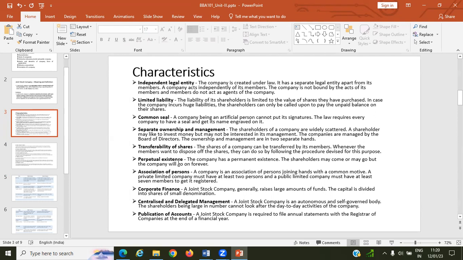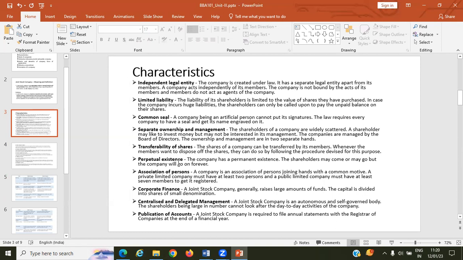Suppose you are thinking of a business and you don't have enough money. So you join hands with other people who can put money into the business. That's the reason partnership came. But you may need so much money, there is no end to it. So you collect the money from the public by distributing shares.